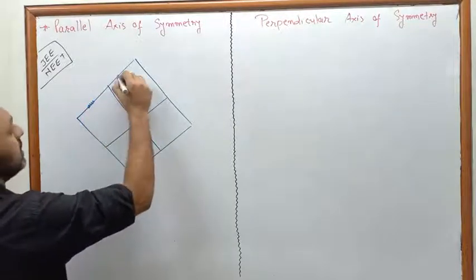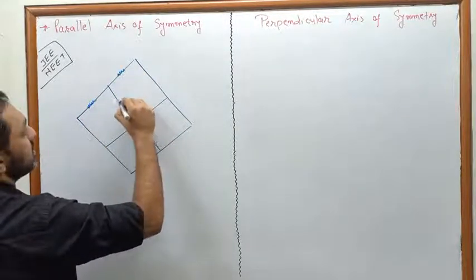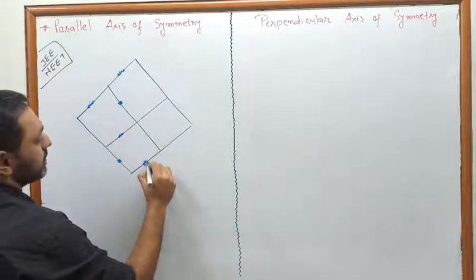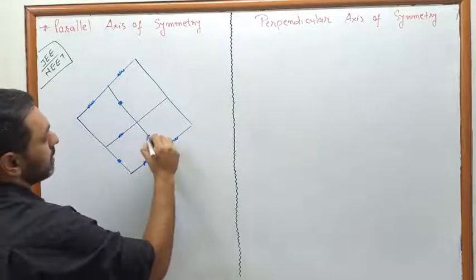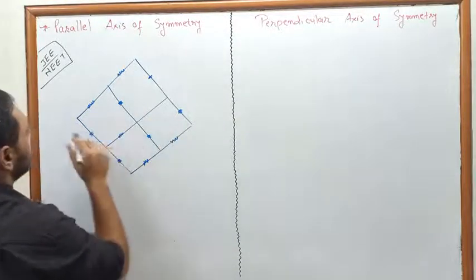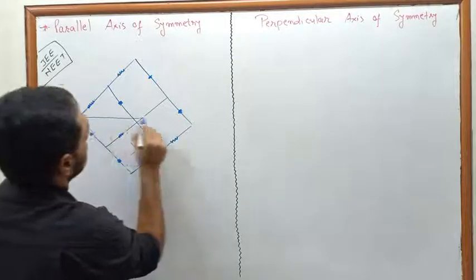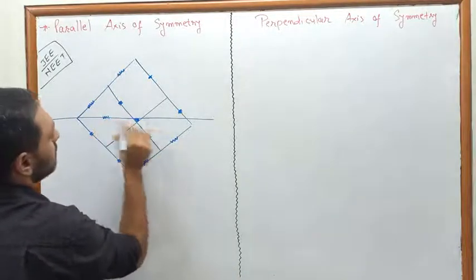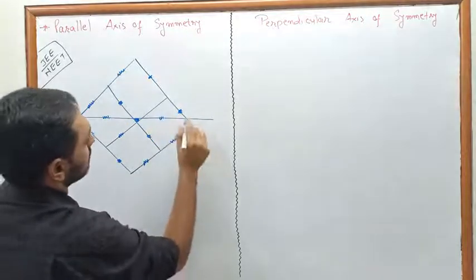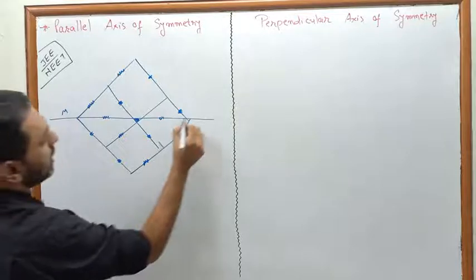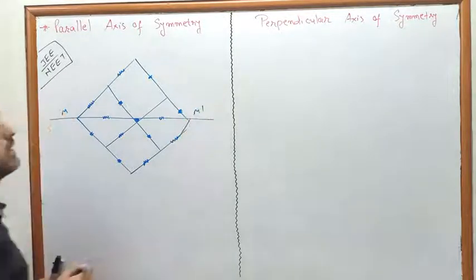Say each resistance has value R. Everywhere you are given a resistor and the value is R. Suppose this is point M and this is point M dash.